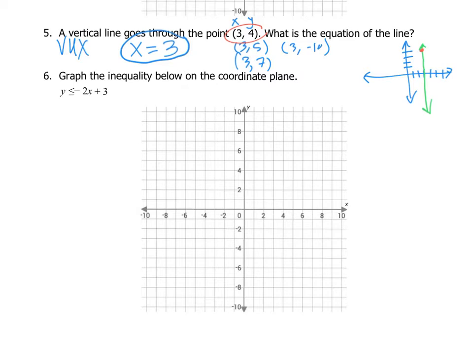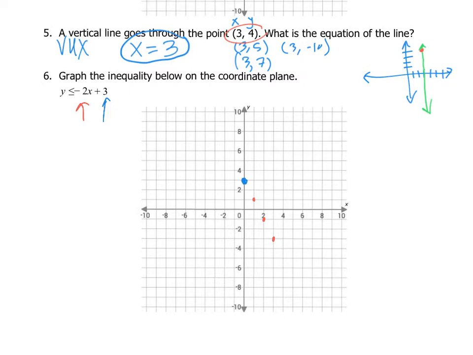So our y-intercept is 3, so I'm going to put a point on the y-axis at 3. And then my slope is negative 2. So that means that I need to go down 2 over 1, down 2 over 1, down 2 over 1. And I'm happy with that amount of points.